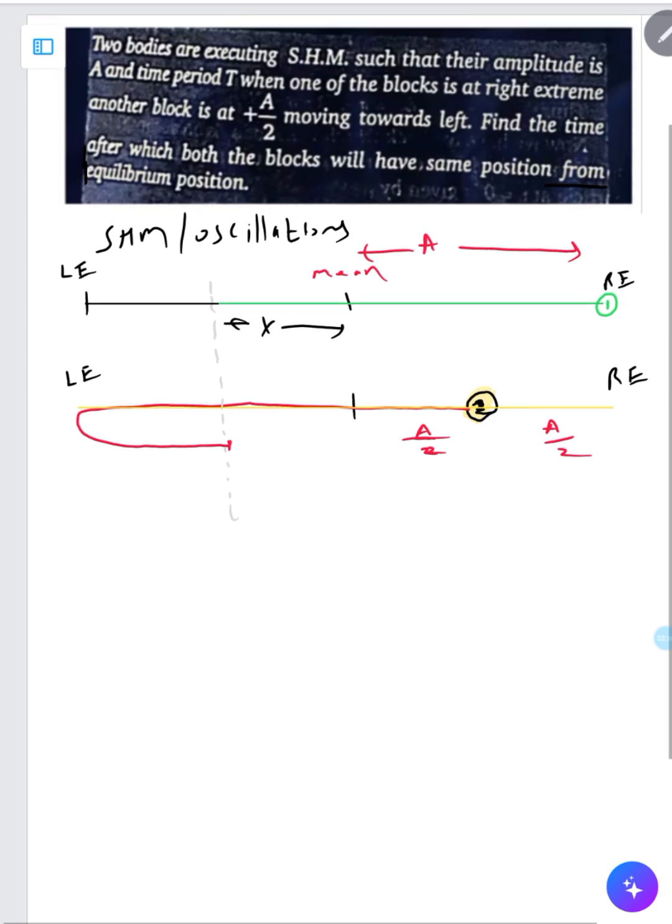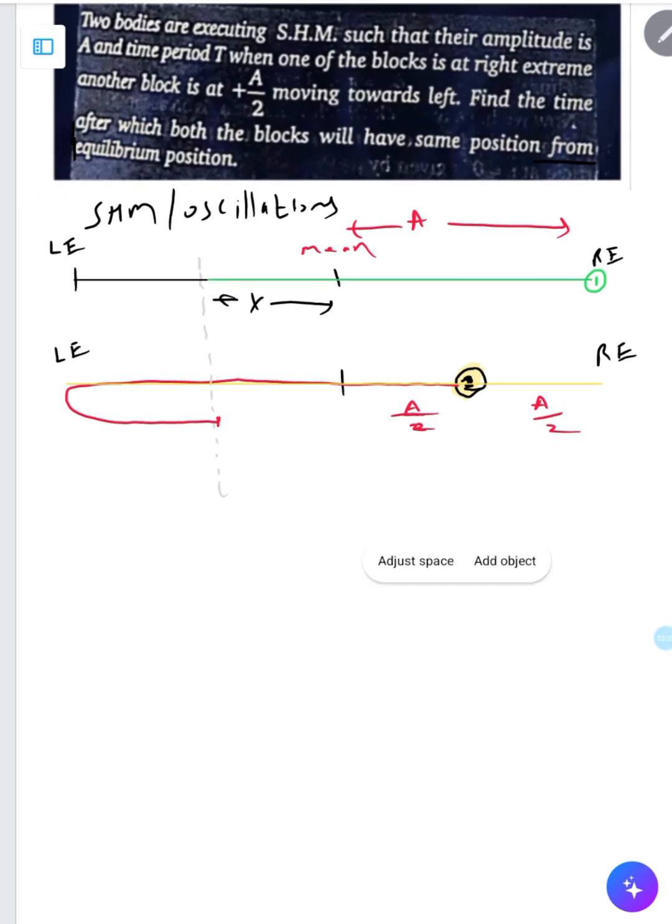So here particle 2 will be here and particle 1 will be here. So this time is what you have to calculate. This is t equal to 0. After what time will they cross each other?